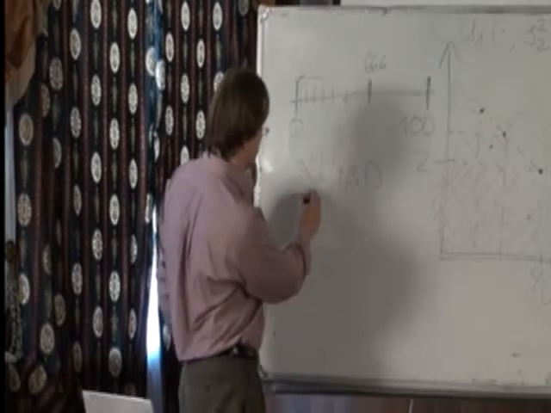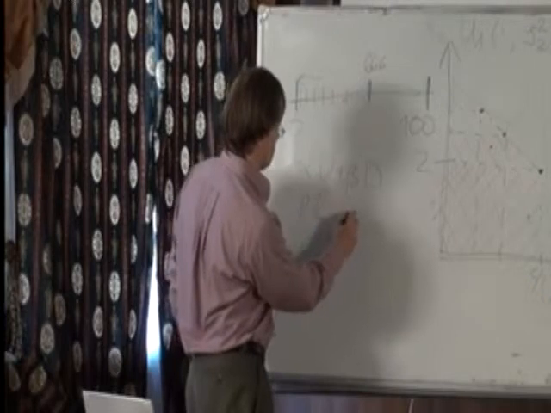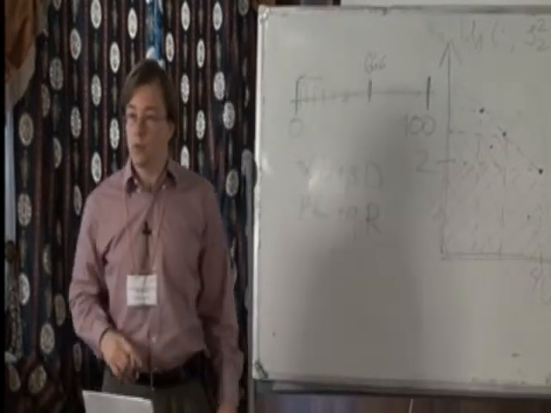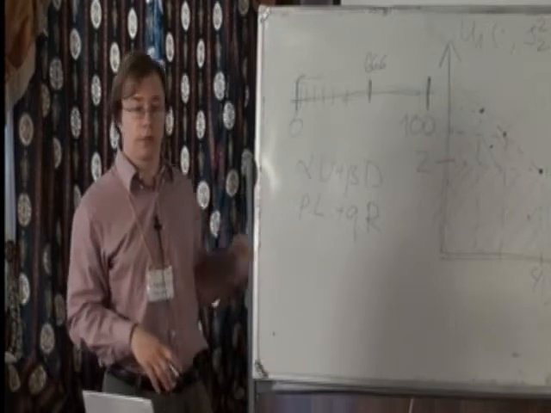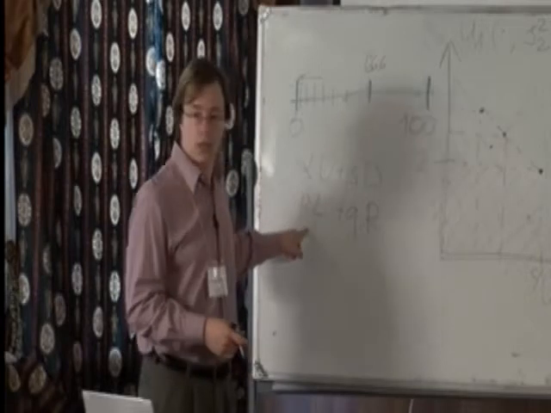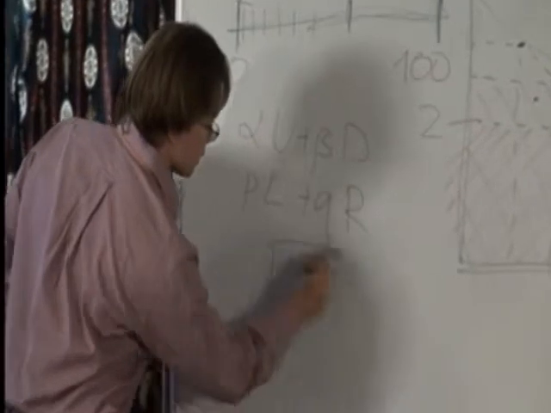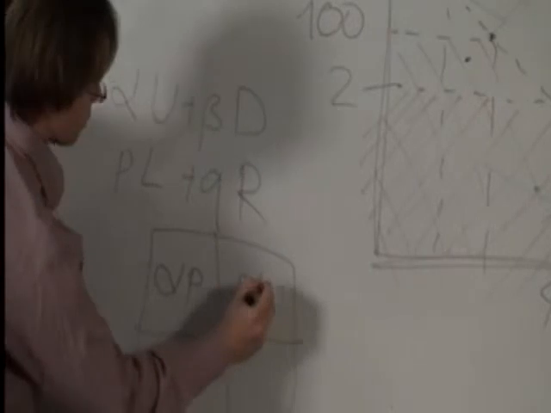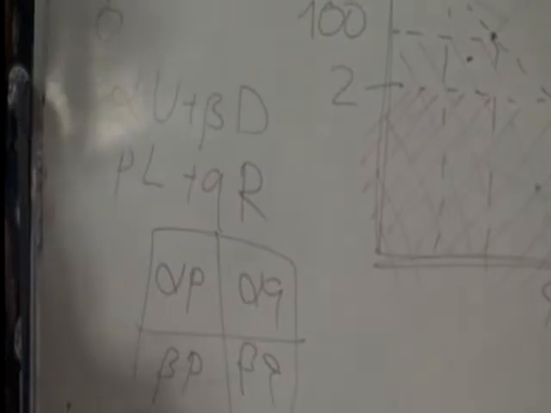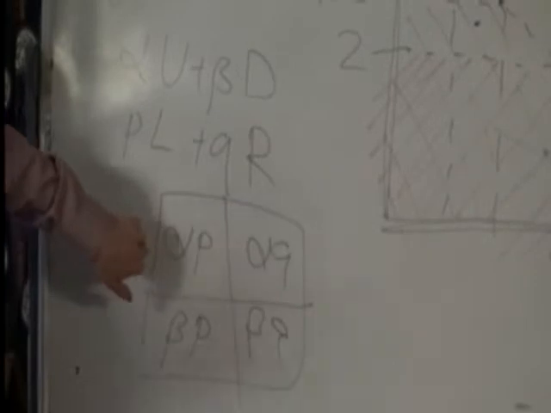And let us assume that player 2 plays strategy L with probability P and strategy R with probability Q. So the joint probability of each cell is just this. I just multiplied the probabilities.